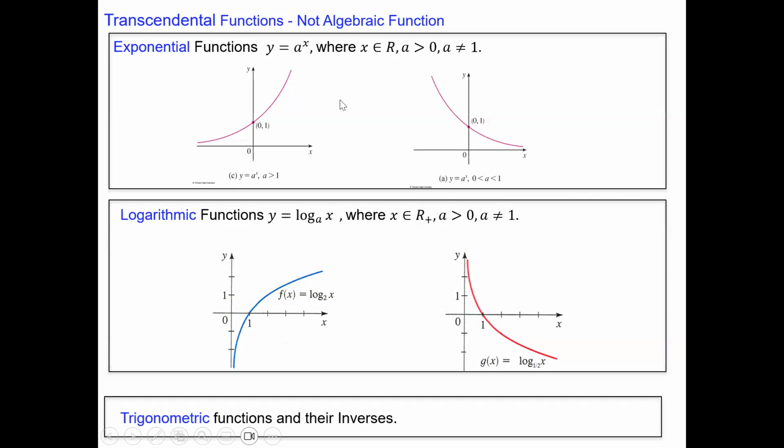The constant function is not really a challenge. The domain is all numbers. If the base is greater than 1, the function looks like this. If the base is less than 1, the function is decreasing. That's the exponential, and logarithmic functions are the inverse of exponential. Let's just scan the graphs, and we will talk about this later.